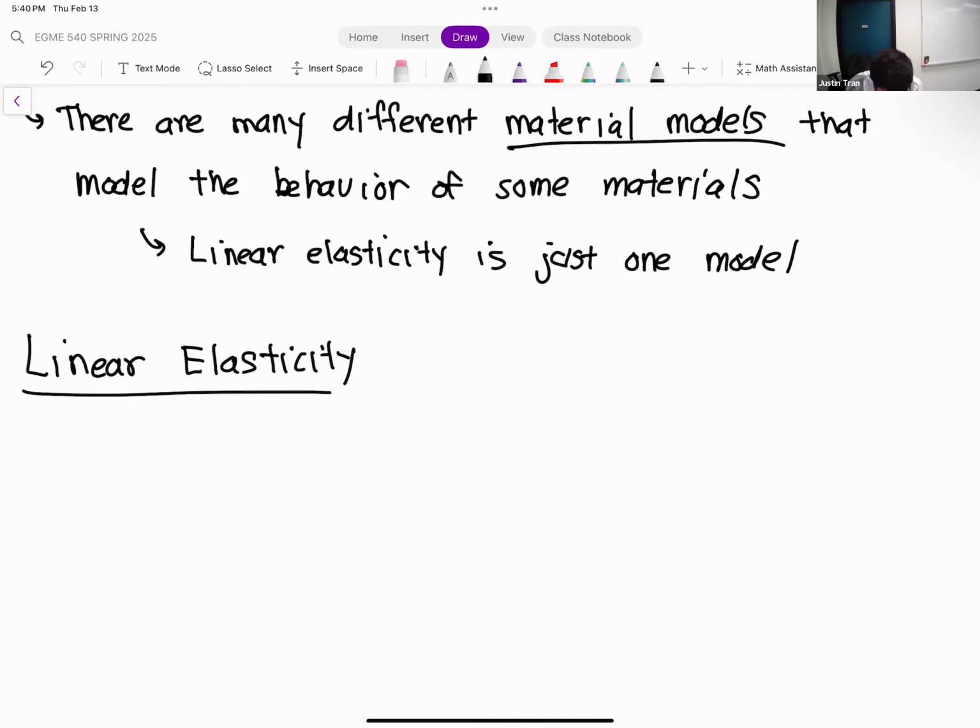Like I just mentioned, linear elasticity is the simplest material model that you can have. It gets its name from the fact that there is a linear relationship between the internal stress within the model, as well as the strain.